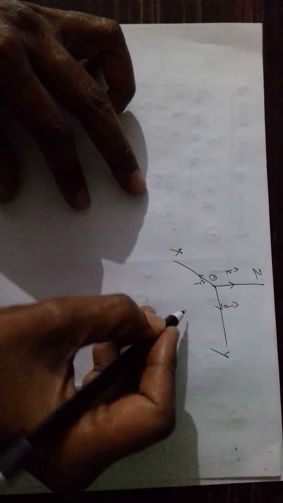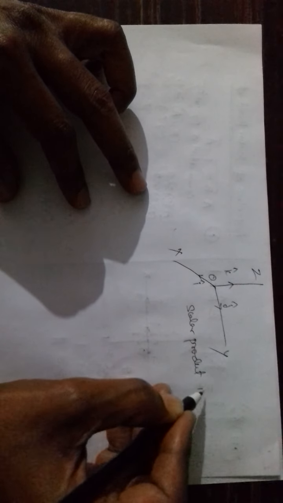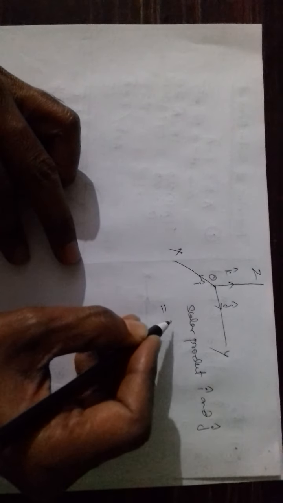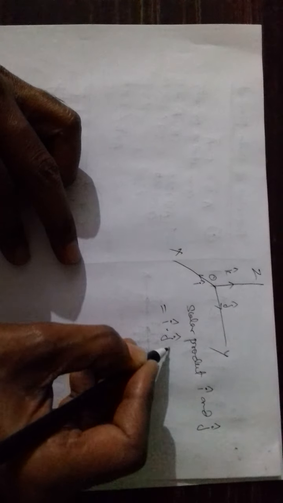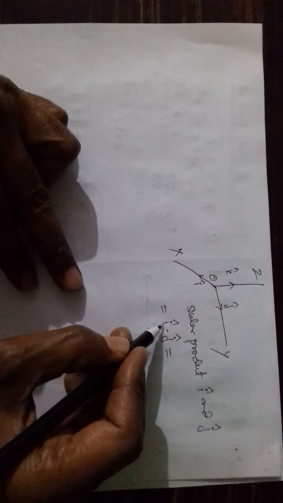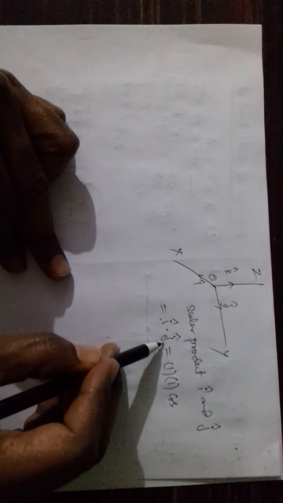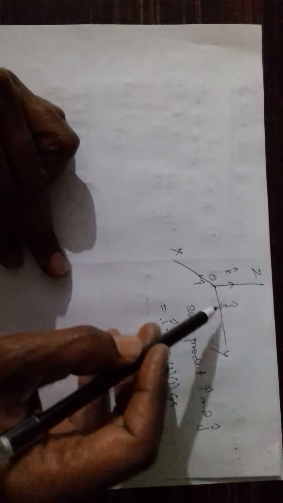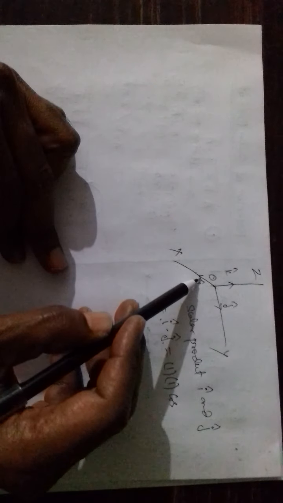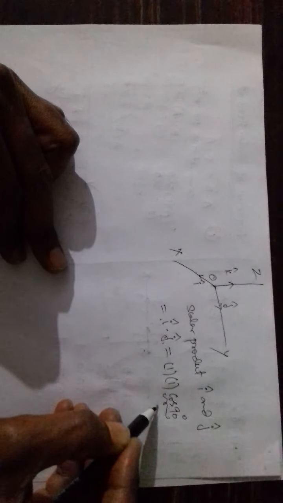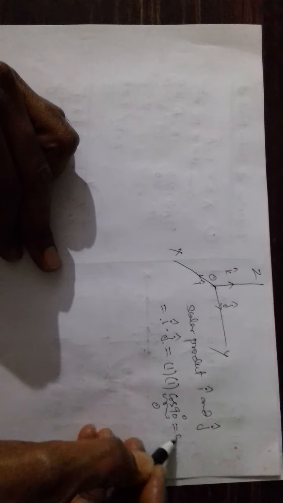Now let us take scalar product of i vector and j vector, that is represented as i dot j. i magnitude is 1, j magnitude is 1, cos, angle between i and j. i is along x-axis, j is along y-axis, angle between x and y-axis is 90 degrees, but cos 90 is 0, 0 into something is 0.